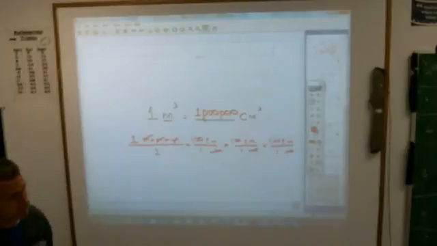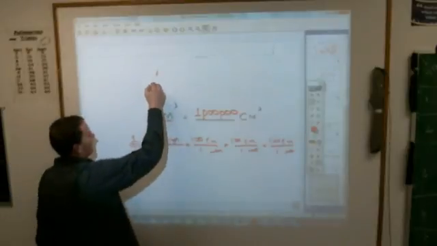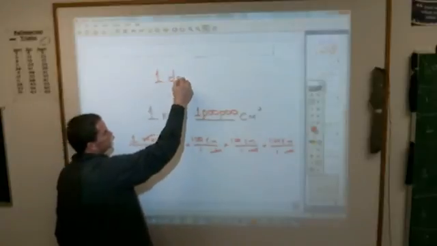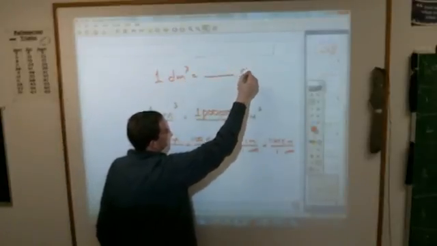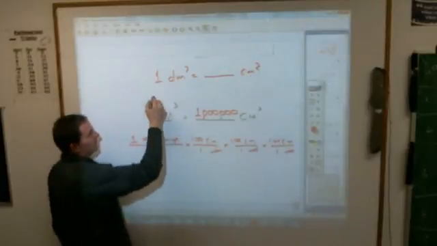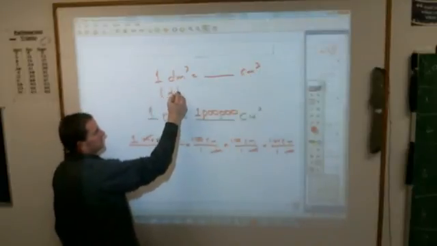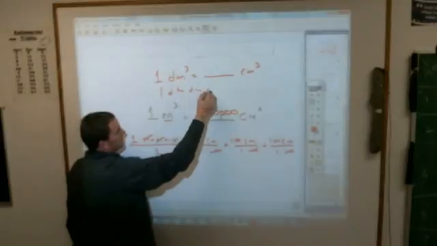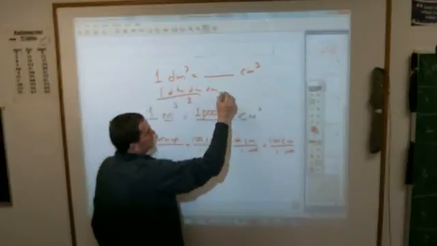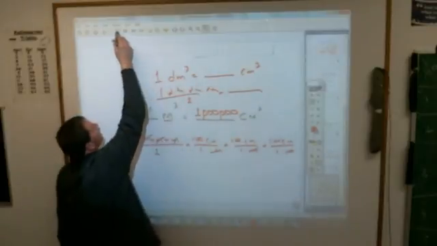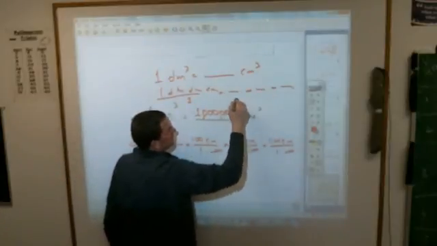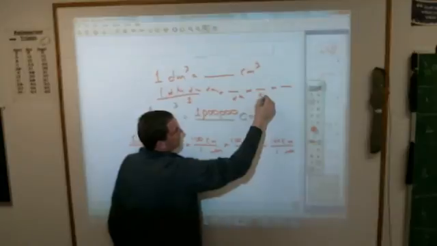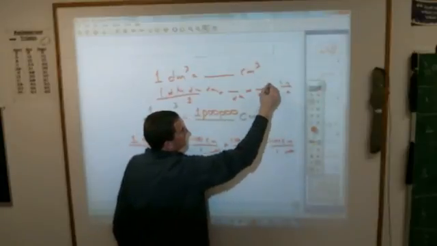10. Just 10. So if you're looking at my cubic decimeter, and I want to change it into cubic centimeters, I would have to do decimeter times decimeter times decimeter. Decimeter has to go on the bottom to cross off, centimeters on top.